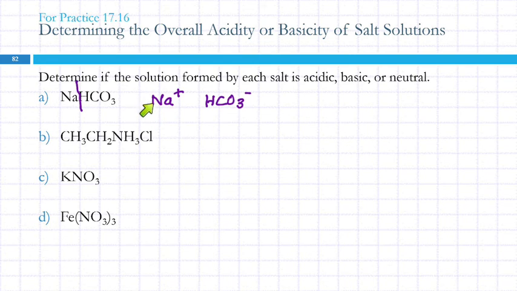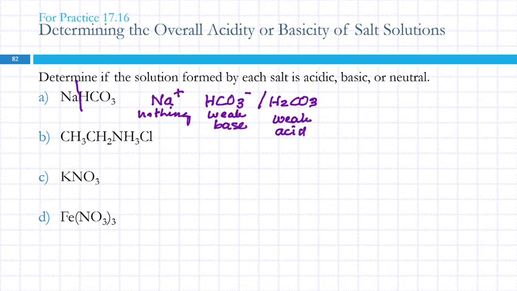What kind of a base is this related to? A strong base, NaOH. So is this going to do anything? No. What kind of an acid is this related to? A weak acid. Put an H on there and we get H2CO3. Weak acid. That means this is a weak base. And this one's nothing. So the solution will be basic.